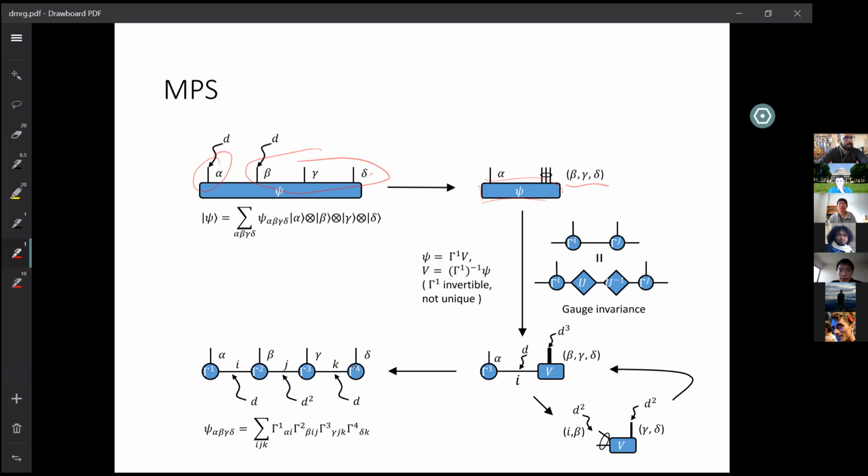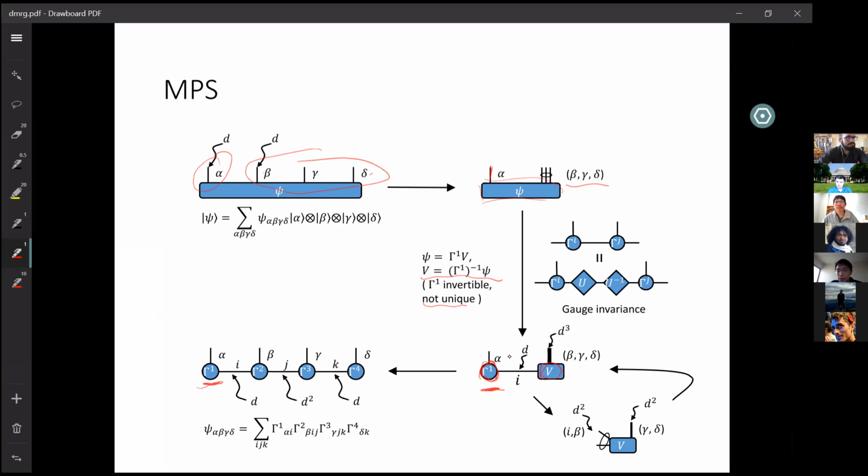And you can just place any random invertible tensor connecting to the alpha bond, and you're leaving behind something called the V. Using this equation, you can find the V. So the gamma 1 is randomly chosen, it is not a unique option. By doing this, you already single out one tensor on the left, just this part.